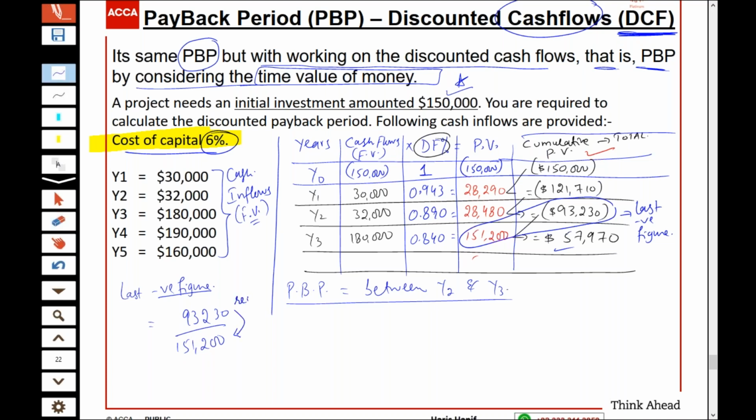Multiply by 12. So 93,230 divided by 151,200 multiplied by 12 is giving me 7.4 months. So you can say your payback period is 2 years and 7.4 months.